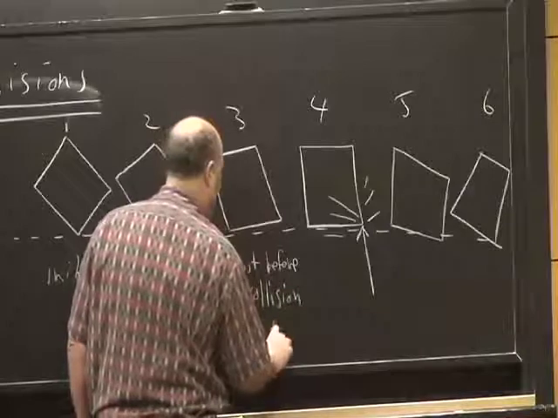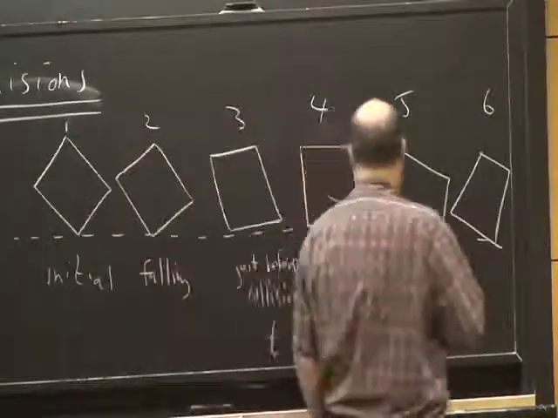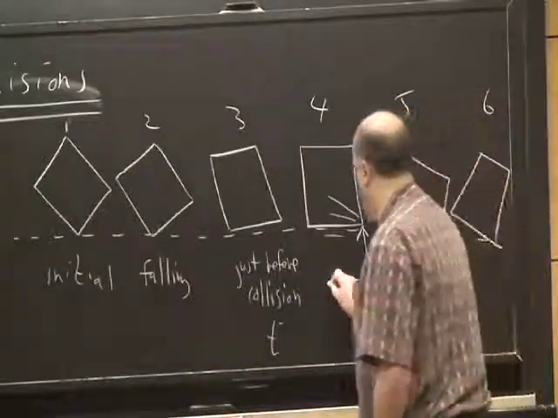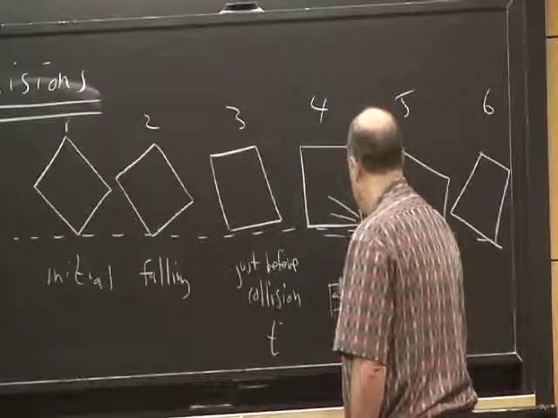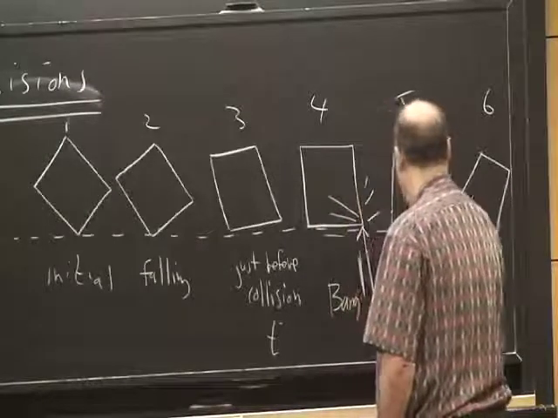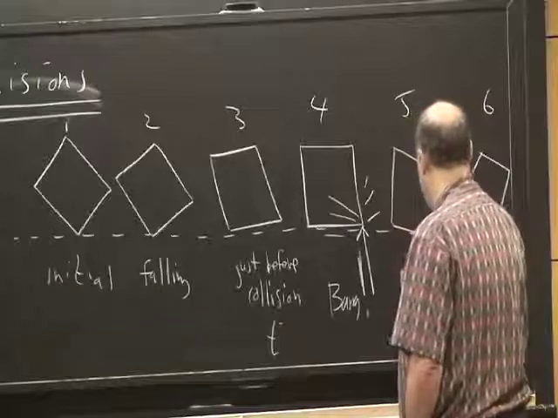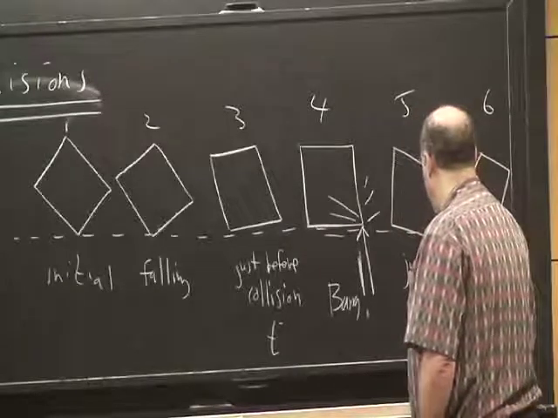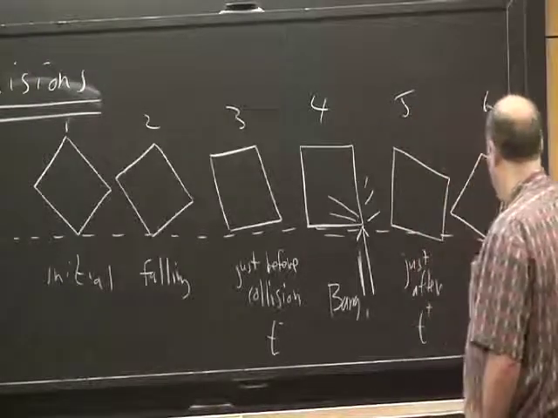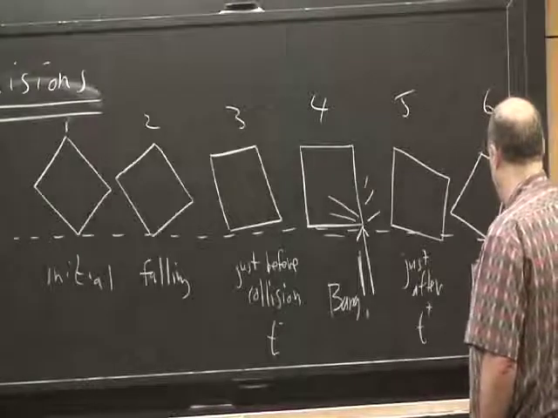And I'll call this T minus. Then we're going to have the collision. Bang. Then we have just after, and we'll call this time T plus. And then we have the highest position in the end.